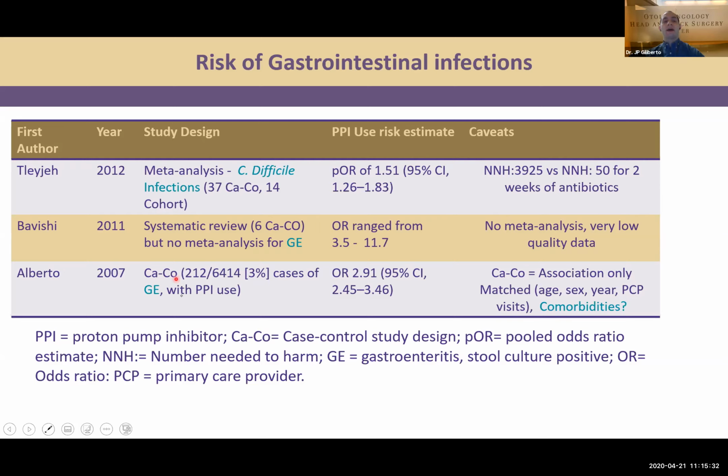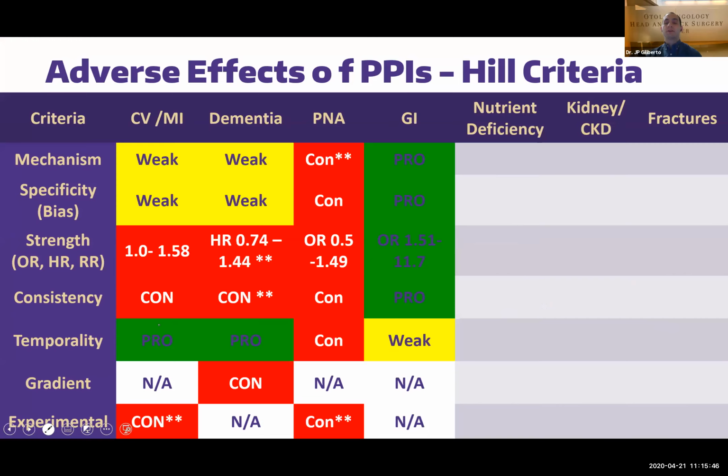Similarly, if you look at some of the lesser quality data for gastrointestinal infection or gastroenteritis, we had risk estimates anywhere from 3 to 12, depending on the study. So although it's not great quality data, there is some data that suggests that gastrointestinal infections are likely a risk of long-term adverse effects. We see a good mechanism.